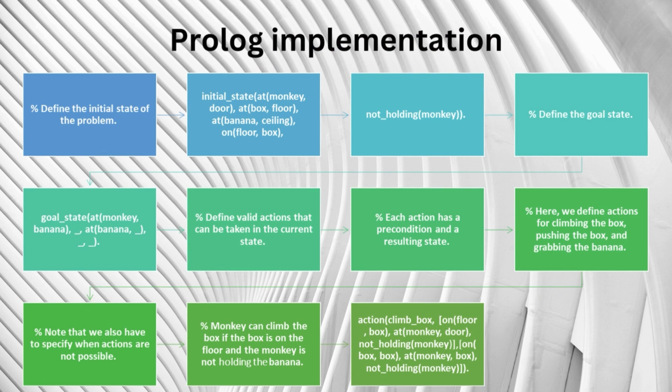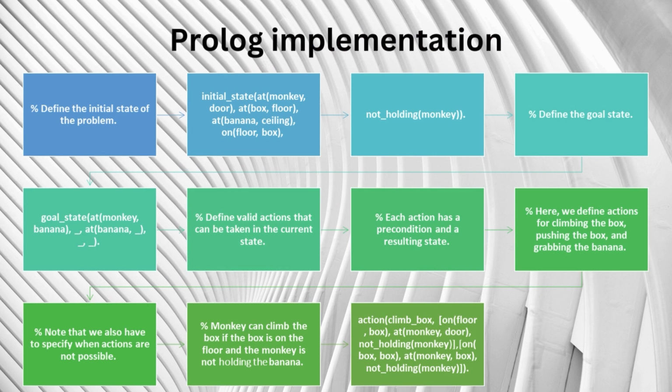Next step is to define valid actions that can be taken in the current state. Each action has a precondition and a resulting state. Here we define actions for climbing the box, pushing the box and grabbing the banana. Note that we also have to specify when actions are possible. Monkey can climb the box if the box is on the floor and the monkey is not holding the banana.